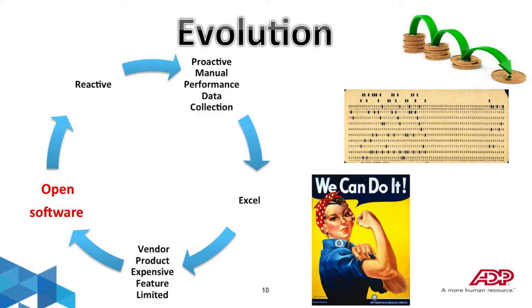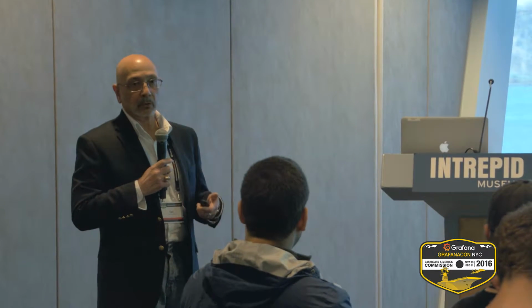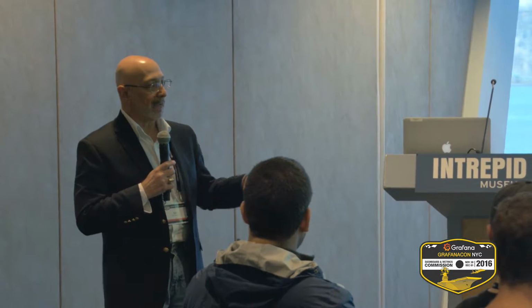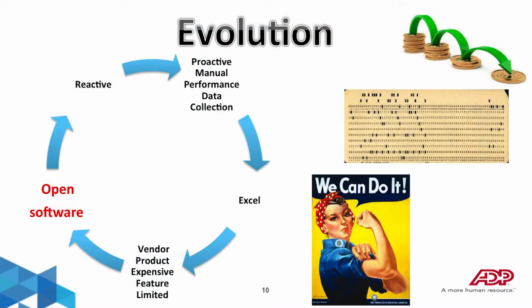We went to vendor or proprietary software. That worked, but it was an issue for several reasons. Price was a problem. Features were an issue. We couldn't get the software to build the models that we wanted or to adapt to the different hardware and software packages that we had loaded. So then we finally decided, okay, we're going to look at an open software stack.